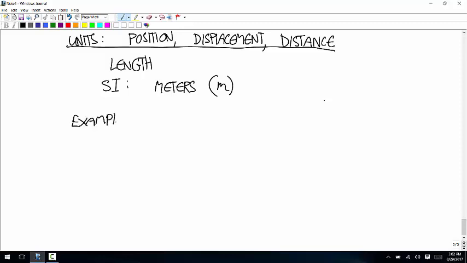Okay, so here's an example. So here's the mailbox.